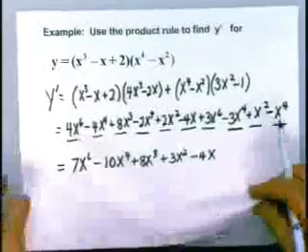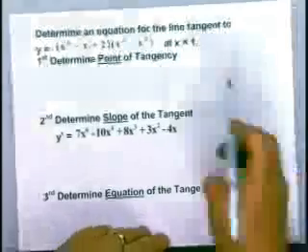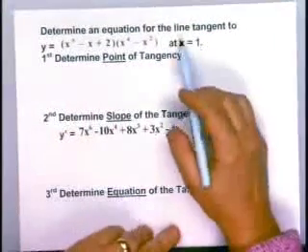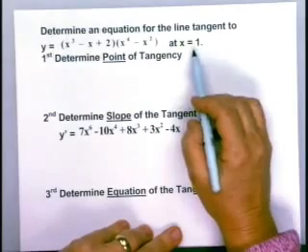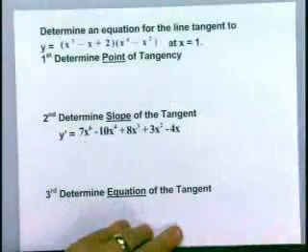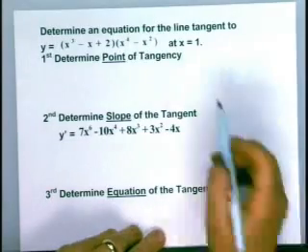Let's extend this by taking the same function, and let's determine an equation for the line tangent to this function when x is equal to 1. The first thing that we would have to do is to determine the point of tangency, where x is equal to 1.